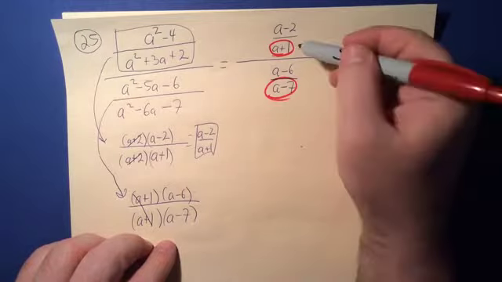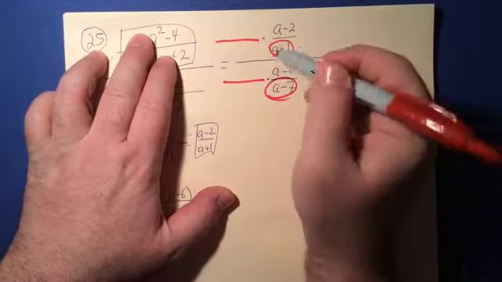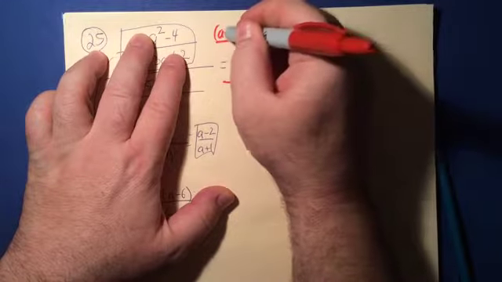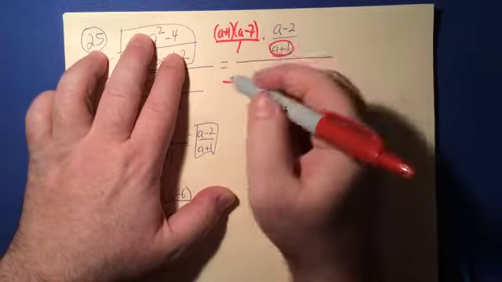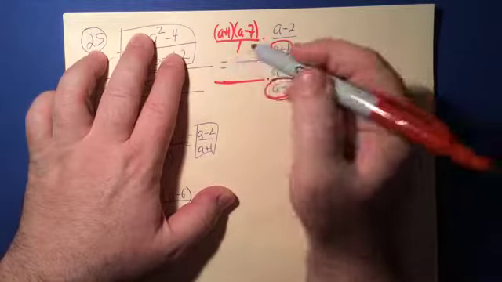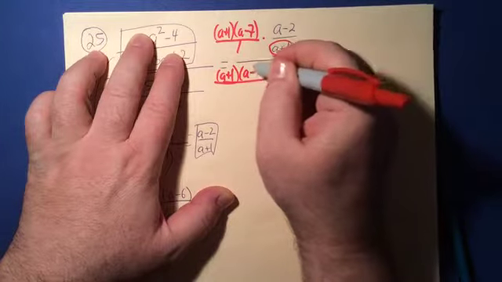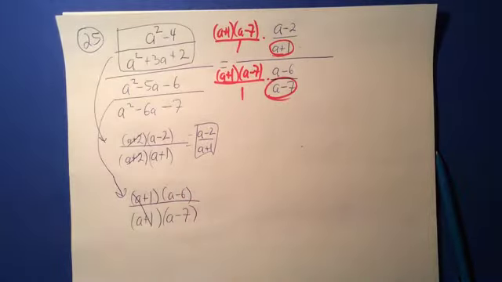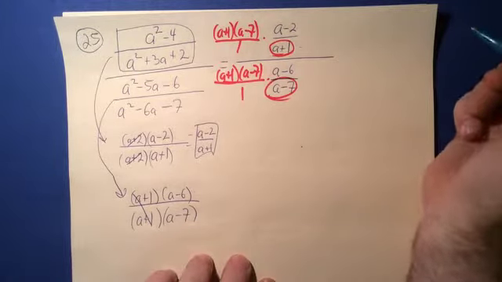Basically, I'll multiply the top and bottom by both of these. So it's going to be a plus 1 times a minus 7 over 1. The bottom will be a plus 1 times a minus 7 over 1 here. So this is going to help us to get rid of the fractions once and for all. Let's see what remains when we do this.